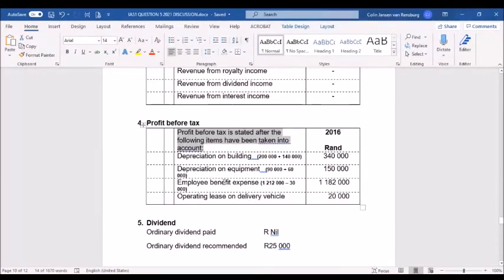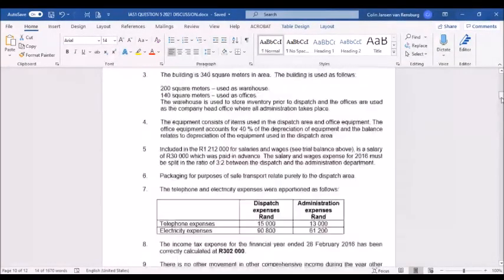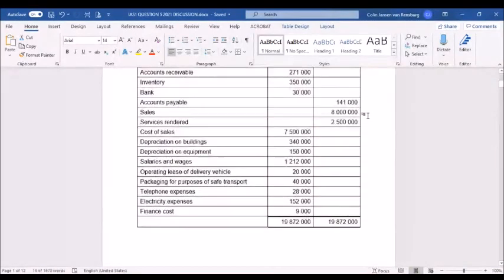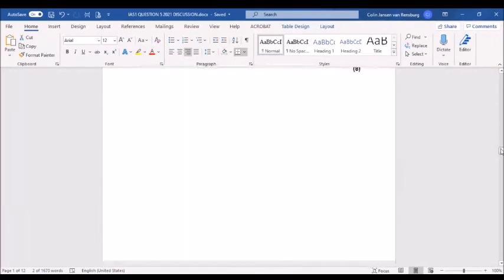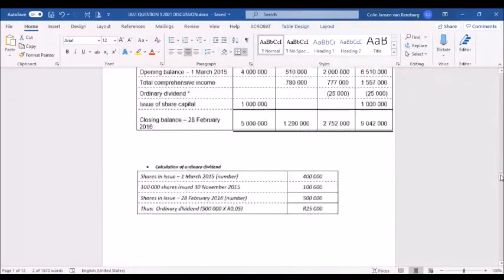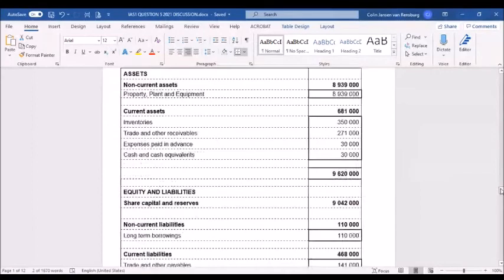So the ones that have been disclosed separately here in our profit before tax note are the depreciations. The depreciation on the building of 340,000. You remember we didn't have to do the journal entry. It was in the trial balance there, the depreciation on buildings and the depreciation on the equipment. Why would we see that as possibly material in nature?